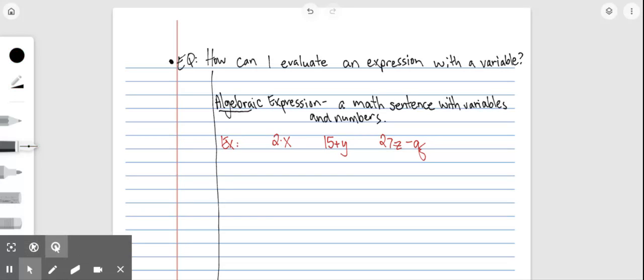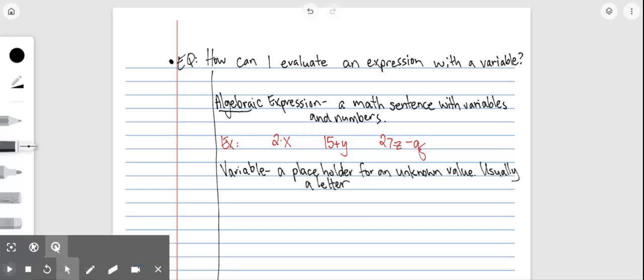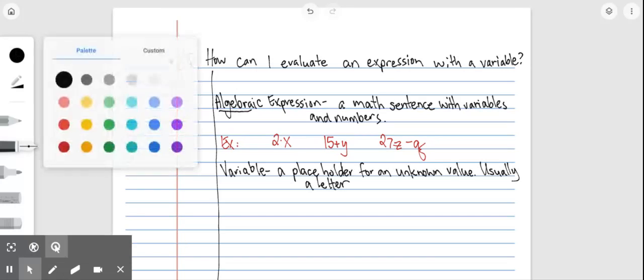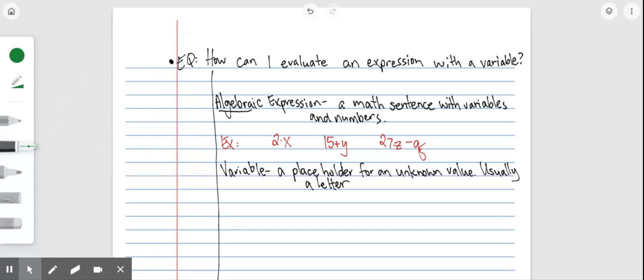Okay, so then on that note of numbers and variables, I want to make sure that we all know what a variable is. A variable is basically a placeholder for an unknown value. And variables usually come in the form of letters. Okay, so then for this example, my variables can be letters like A, B, C, so on and so forth, to X, Y, or Z. Okay, you can also use Greek letters.